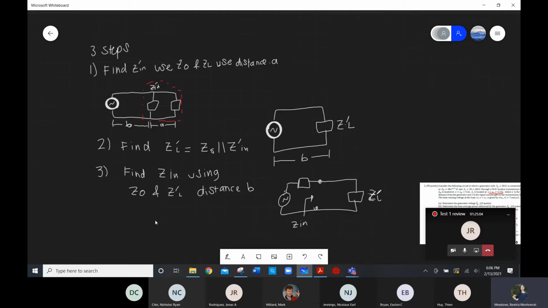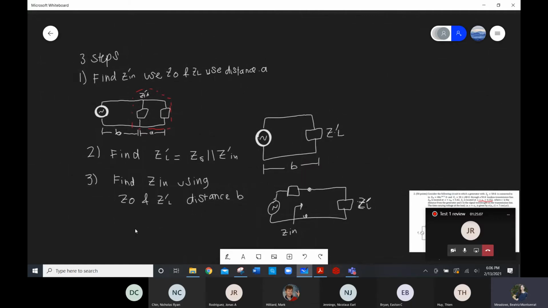This is gonna make sense in a little bit, but if you follow these steps, you will be fine in solving these problems. You just need to be very careful. You're gonna get overwhelmed because you're gonna have so many variables. But if you keep everything organized, you should be able to succeed.